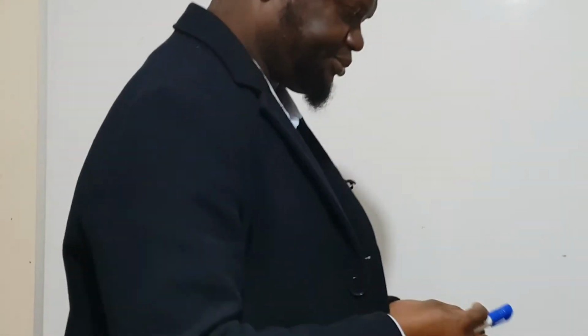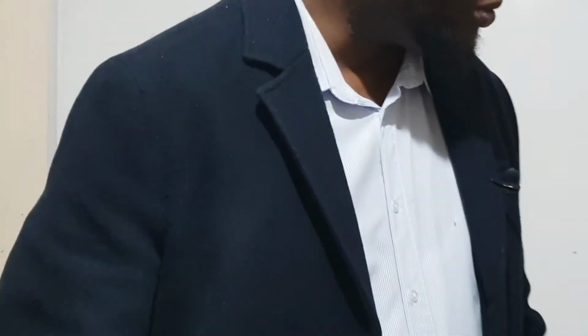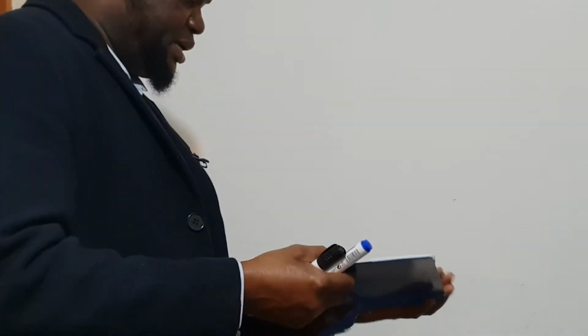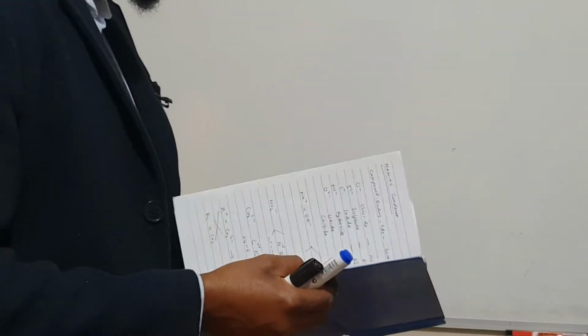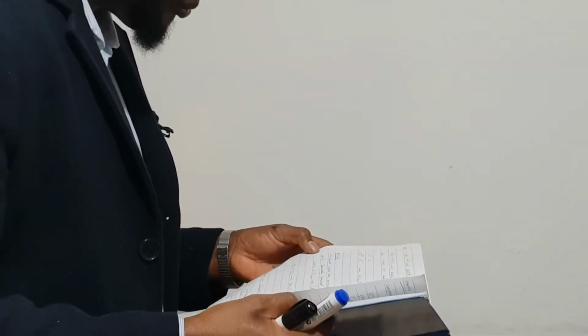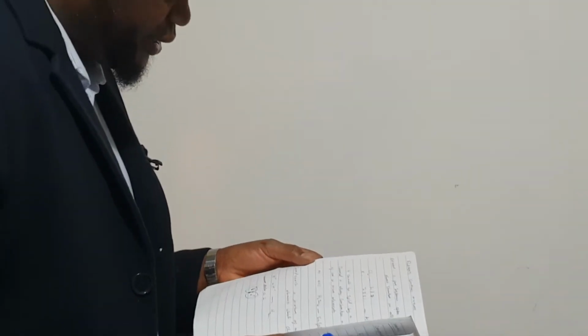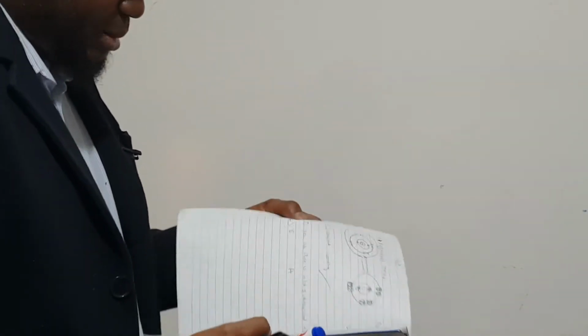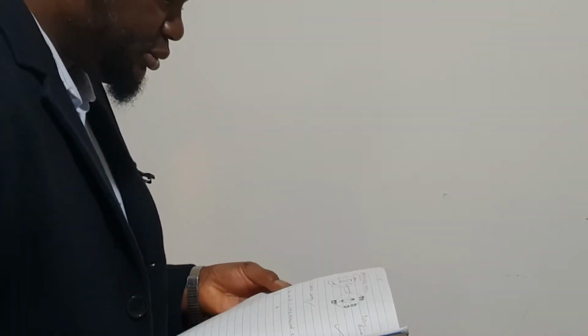And then the question went on and said, what is the equation of the reactions? Now, quickly, let me show you this. This is my last year's notes, okay? And I covered isotopes there.